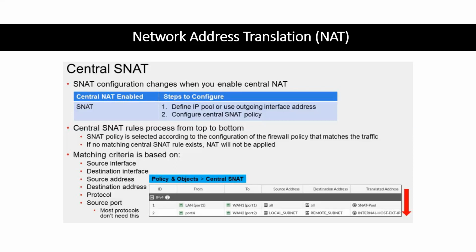If there is no match for traffic to be NATed, then the central source NAT or DNAT policy that you create will not react to that traffic, but the firewall policy will look for a different policy to react to that traffic. And no NAT would happen if there's no NAT policy that matches that traffic. Does that make sense?